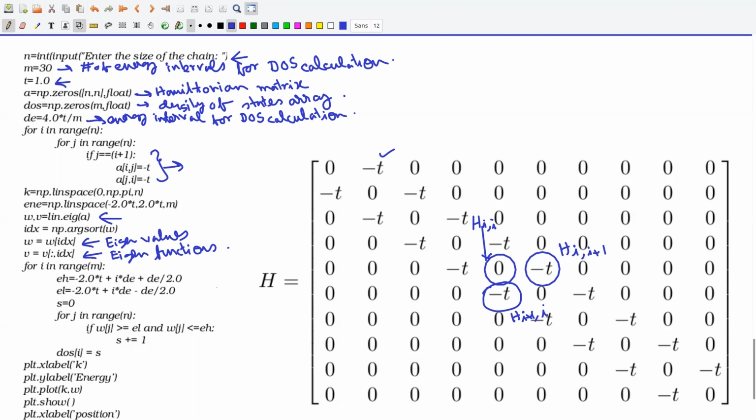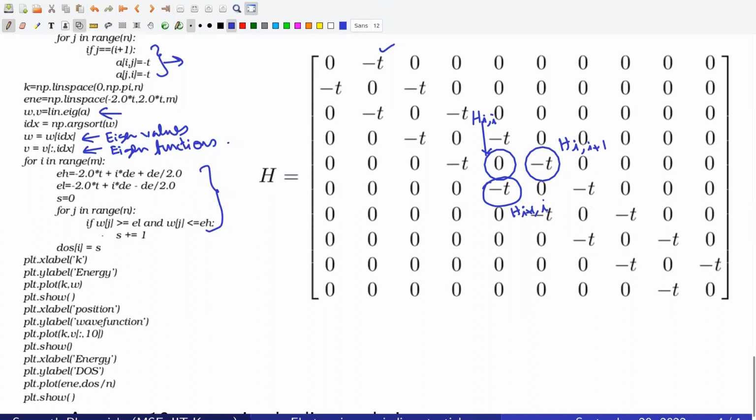Then we find the density of states by calculating number of energy eigenvalues in a given interval. Finally, we plot the E-k diagram. We plot the 10th eigenfunction and plot the density of states.